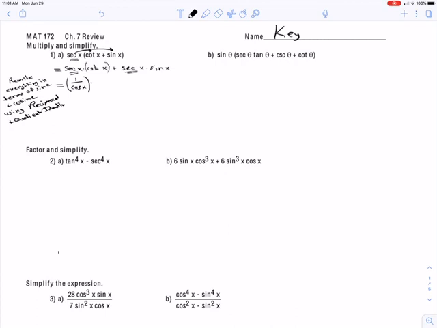Now cotangent is equal to cosine over sine, using the quotient identity, plus secant, which again is 1 over cosine, times sine of x, right? So again, that's applying our identities, the quotient identities and the reciprocal identities.